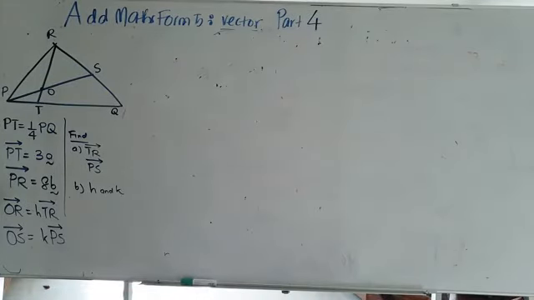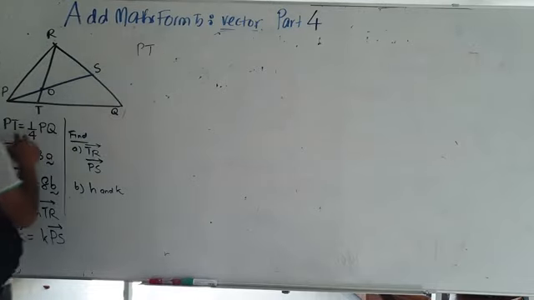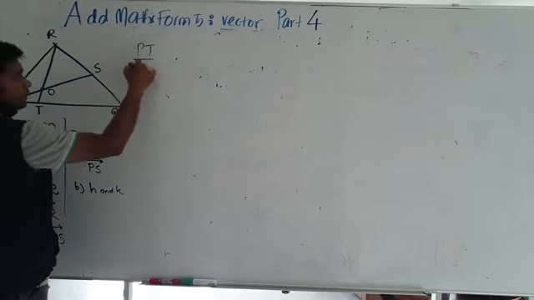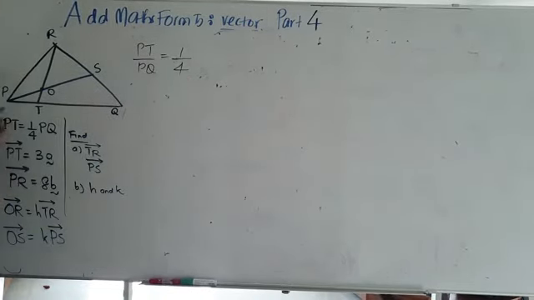Information is given here. PT is 1 over 4 PQ, which means what? If I rewrite this, PT over PQ is 1 over 4, which means PT length is 1 ratio and PQ is 4, so TQ should be 3.